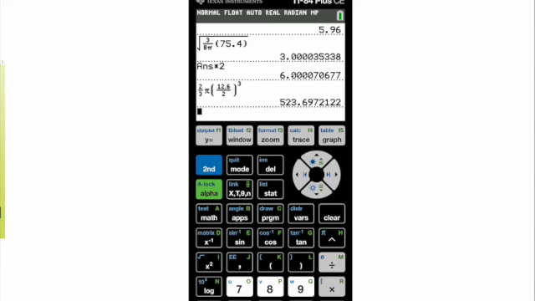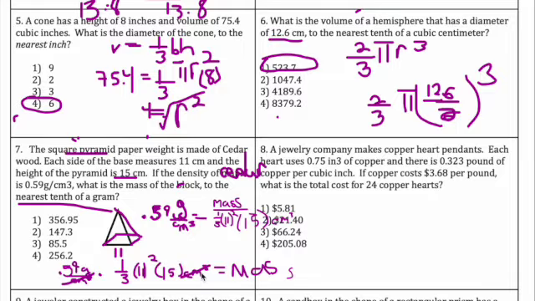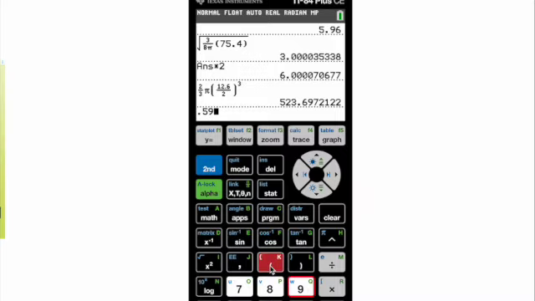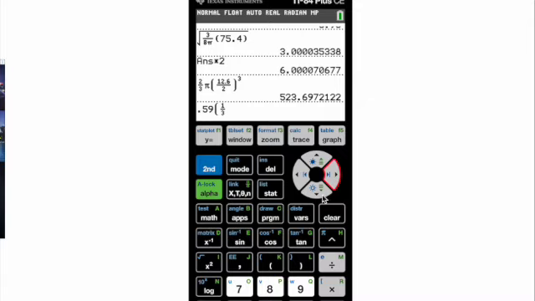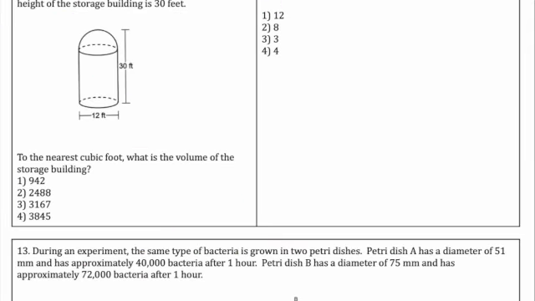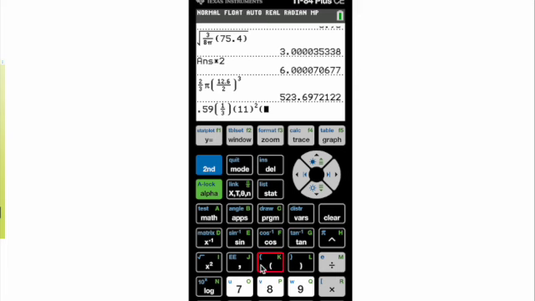Now, in the calculator, I'm going to do 0.59 times 1/3 times 11 squared times 15.